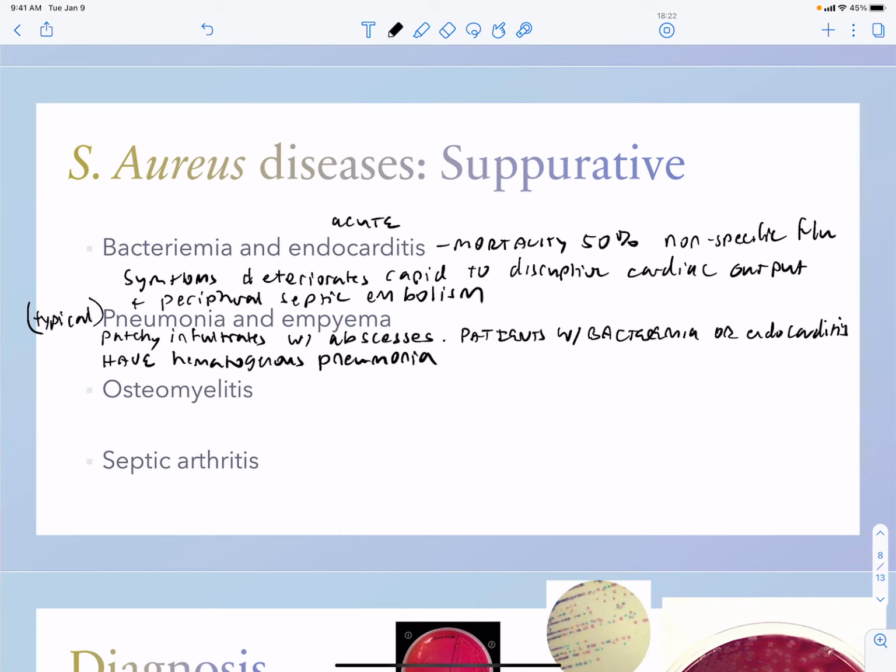Now, community-acquired MRSA is going to be responsible for severe necrotizing pneumonia. And this is potentially going to lead to septic shock and high mortality rates.